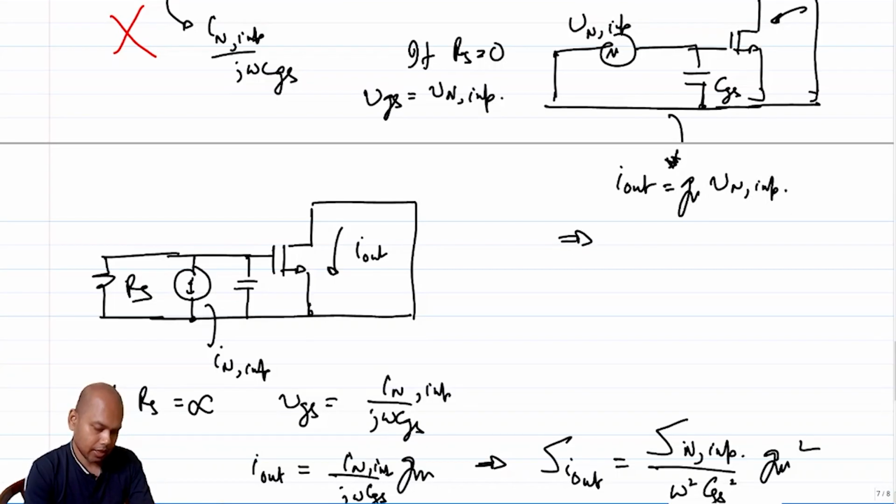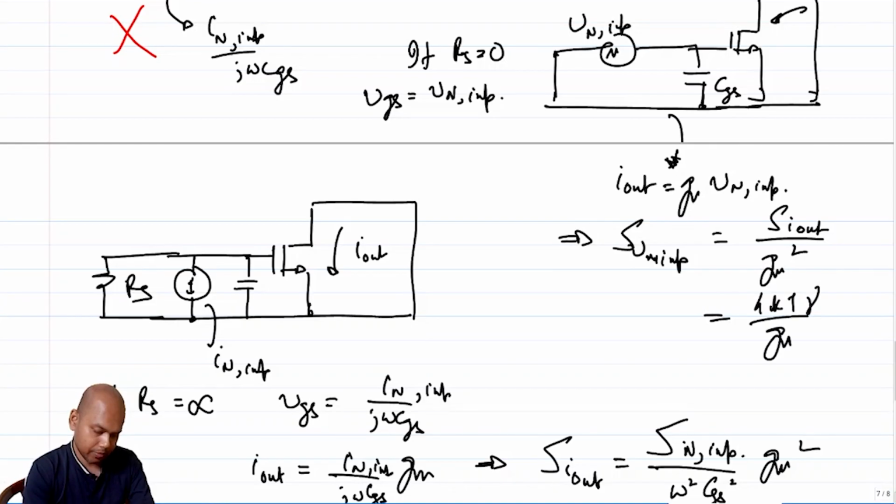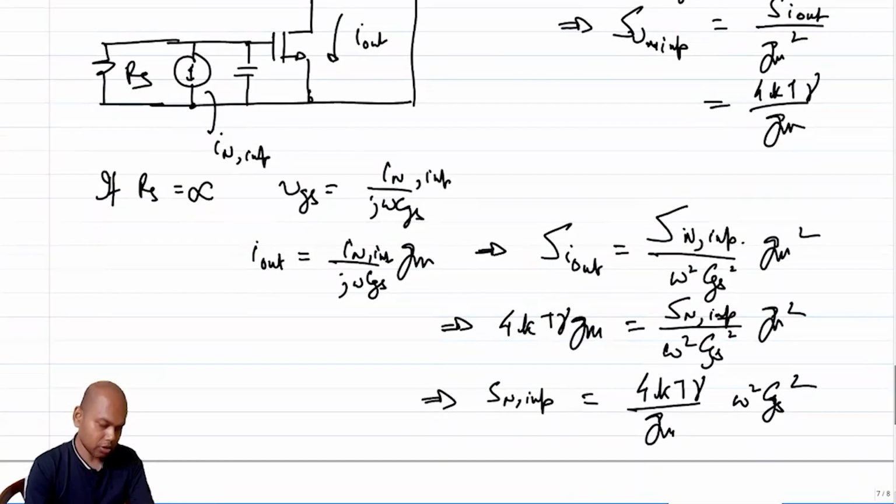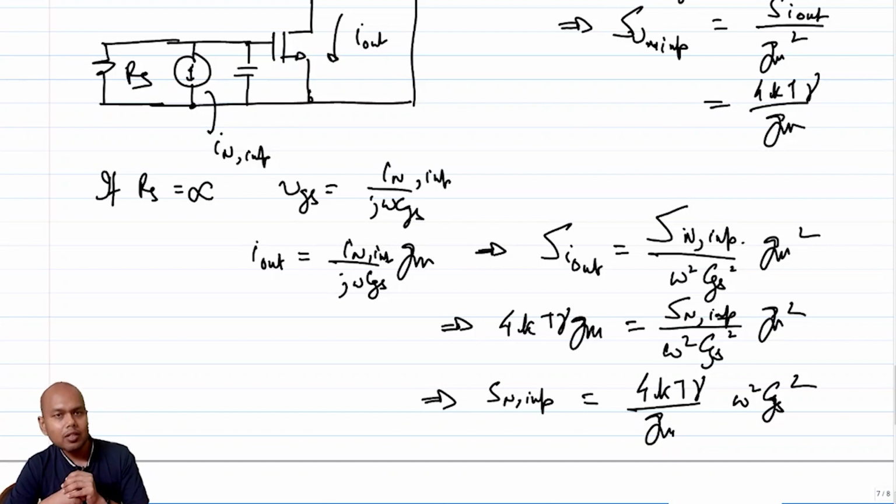So SVN input referred is SI out by gm squared, which is 4kT gamma by gm. So it looks like the voltage source in series works for RS equal to 0, but does not work if RS equal to infinity. But the current source in parallel works for RS equal to infinity, but doesn't work with RS equal to 0.